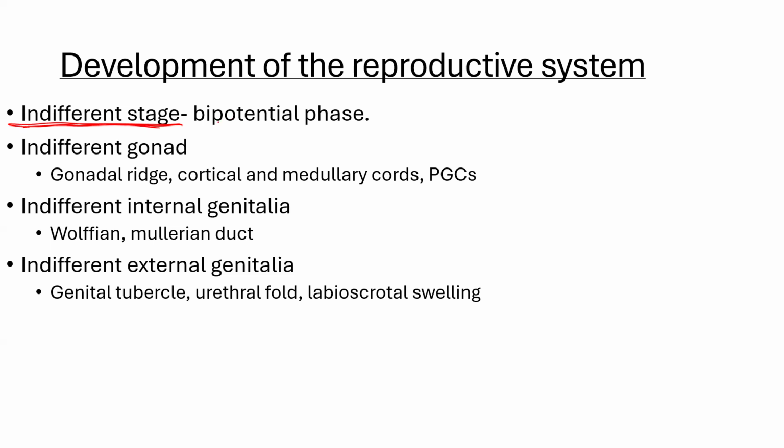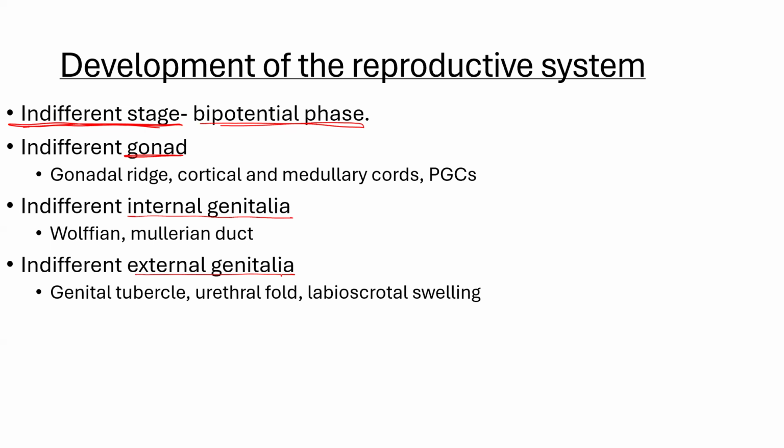The indifferent stage is the bipotential phase where the genitalia has full potential to either become male or female. In this phase, you have an indifferent gonad, an indifferent internal genitalia, and an indifferent external genitalia. Remember, these are the 3 components of the reproductive system.